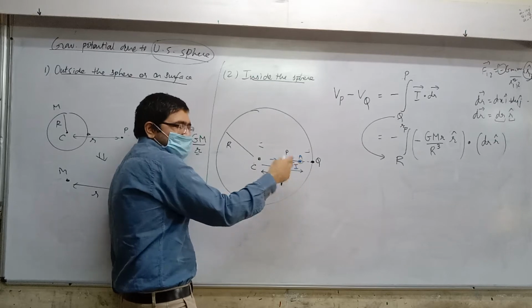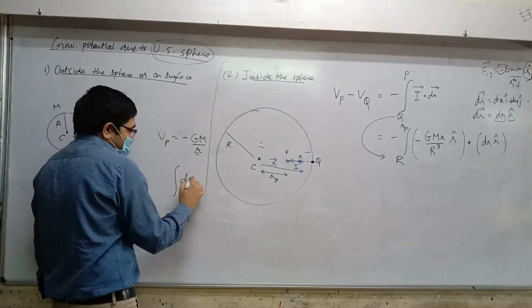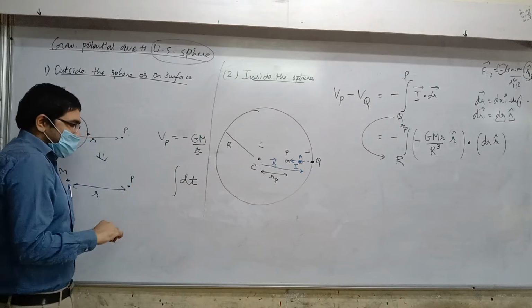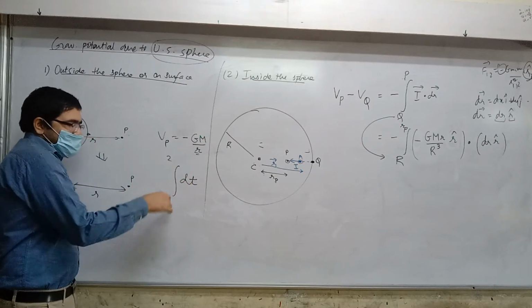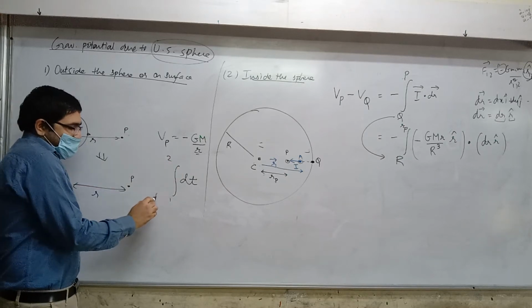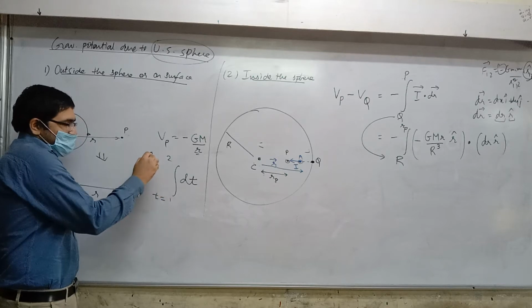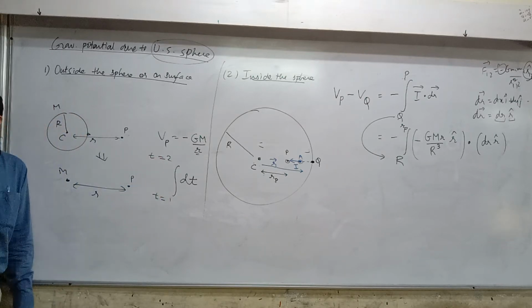Let me remind you of one simple thing. Whenever you do integration, suppose you write limits with dt, from 1 to 2. What does this mean? You are doing this integration from time value 1 to time value 2, or t value 1 to t value 2.